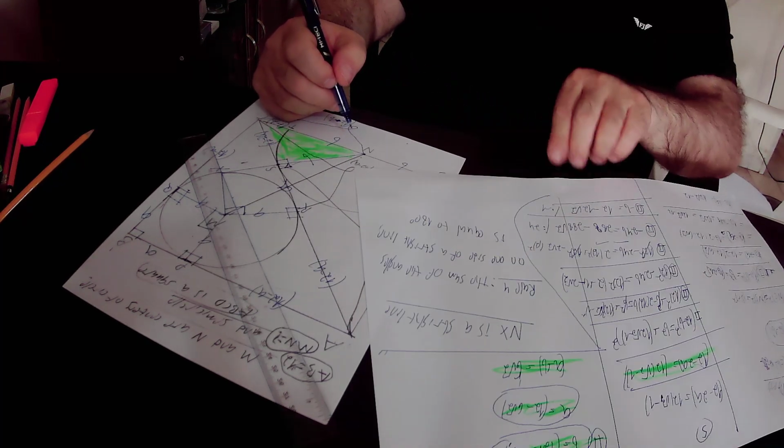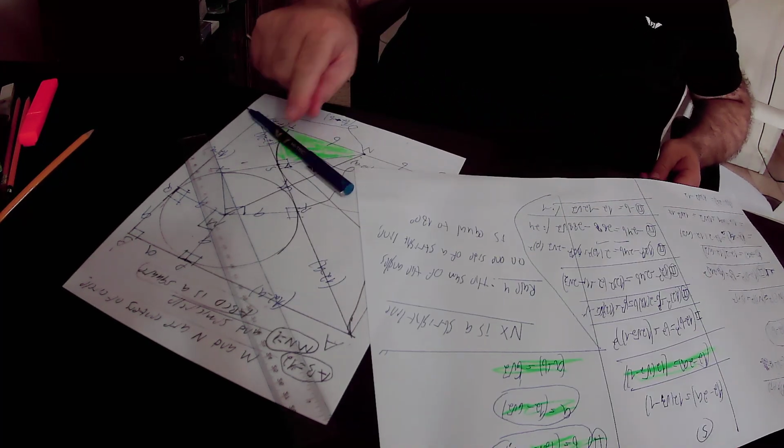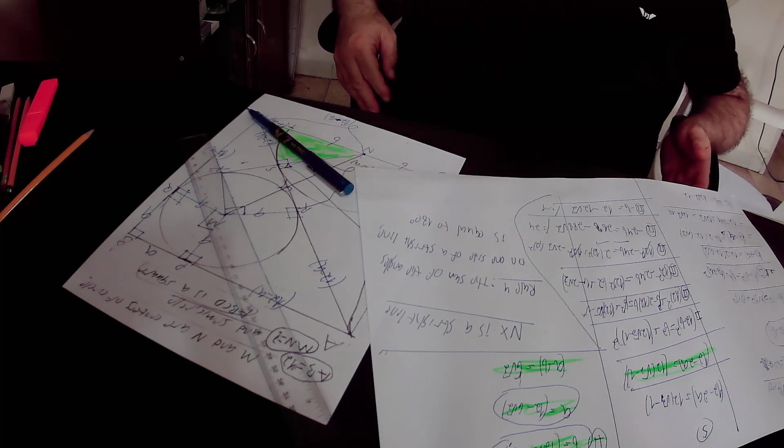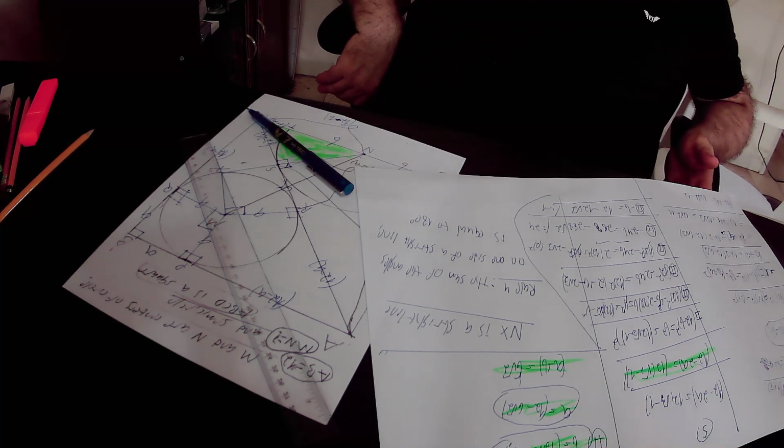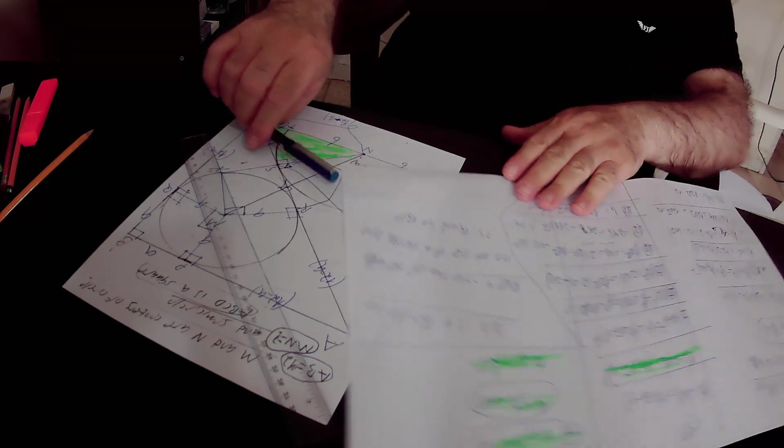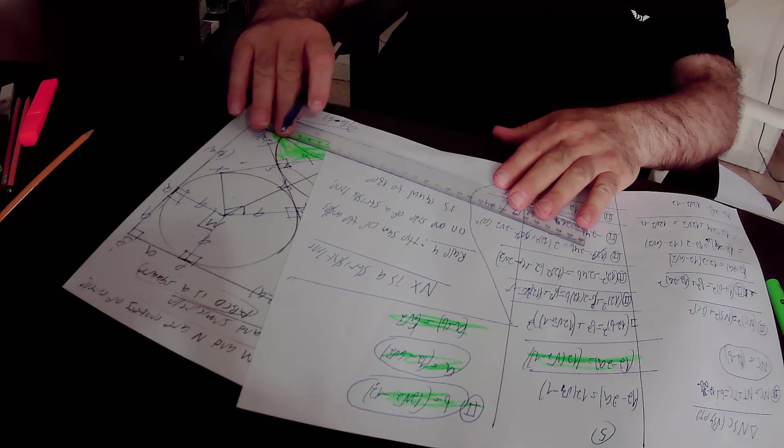I will read rule number 1 again. According to rule number 1, the sum of the angles on one side of a straight line is equal to 180 degrees.